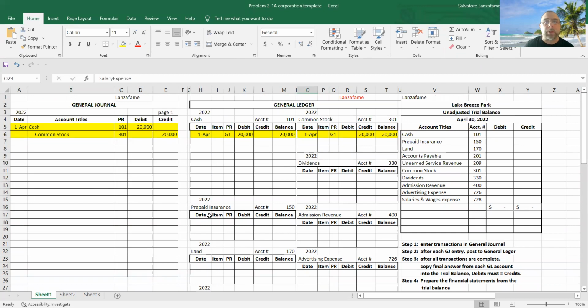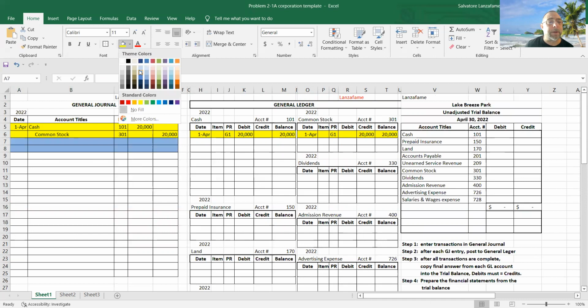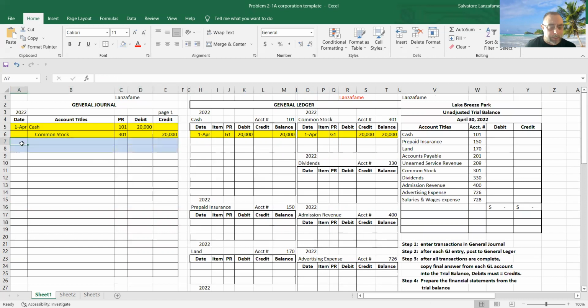So the question would read, we bought 12 months worth of insurance, or we prepaid for 12 months worth of insurance. Because it's 12 months worth, we're going to use prepaid insurance. So let's put in a different color here. Let's say this was April 3rd. We are going to debit prepaid insurance, and we're going to credit cash.